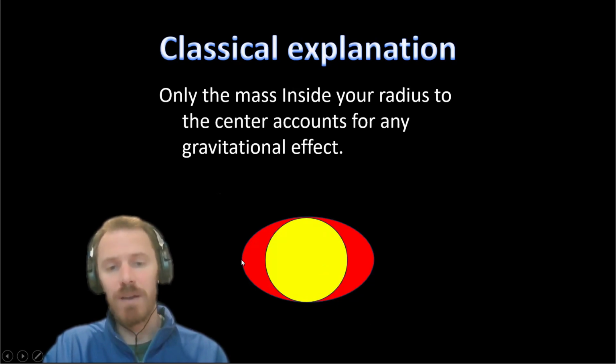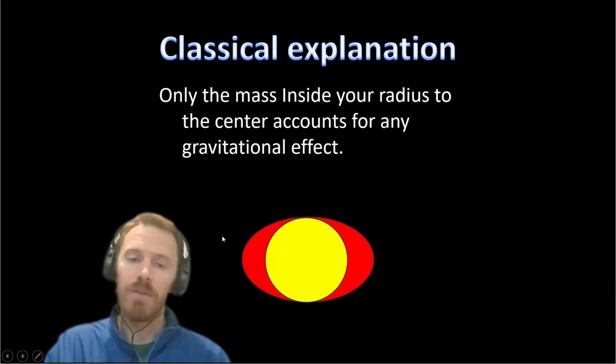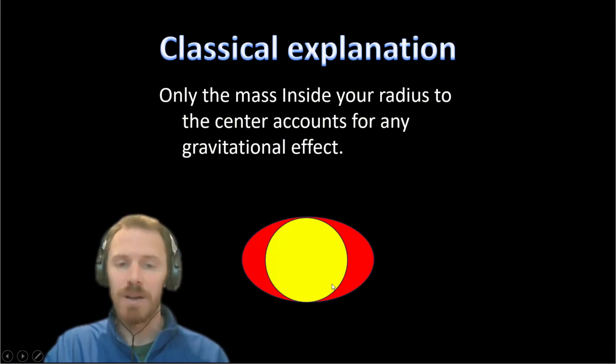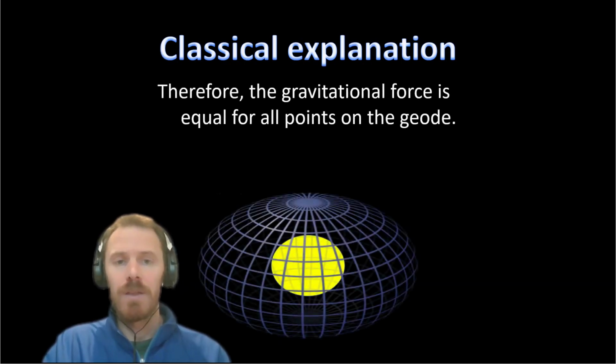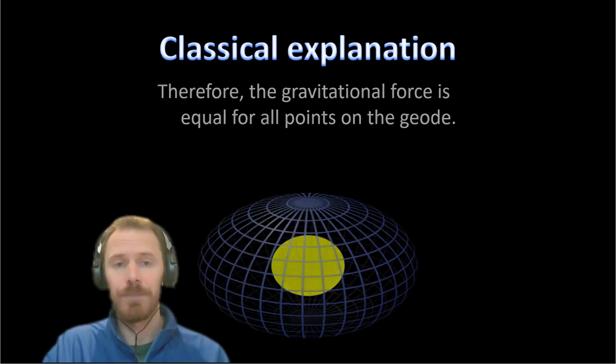As we move to the equator, our radius increases and incorporates more mass, and so therefore the gravitational acceleration increases with additional mass, therefore accounting for the discrepancy between the poles and the equator. Therefore, the gravitational force is equal to all points on the surface of the mass.